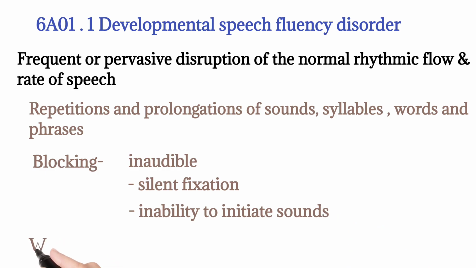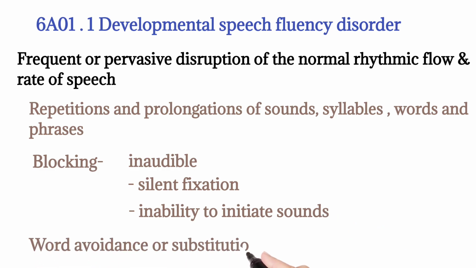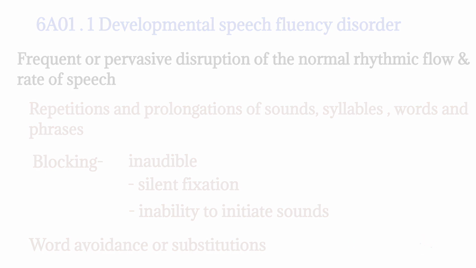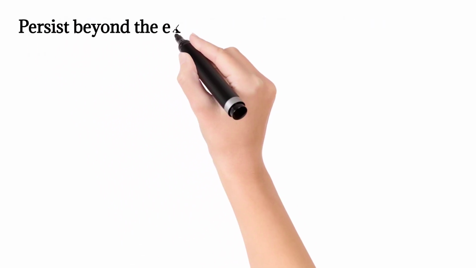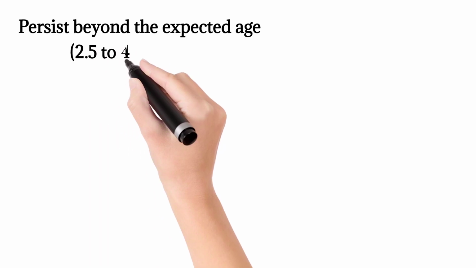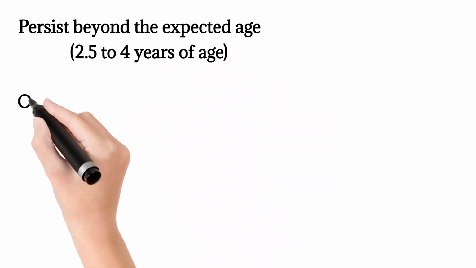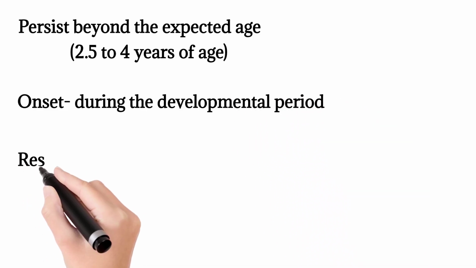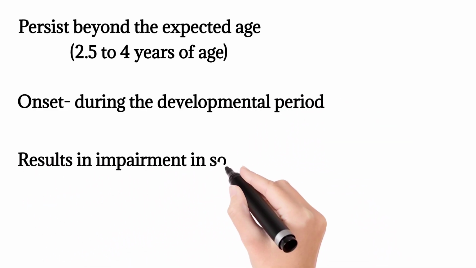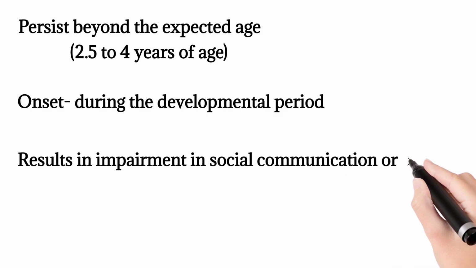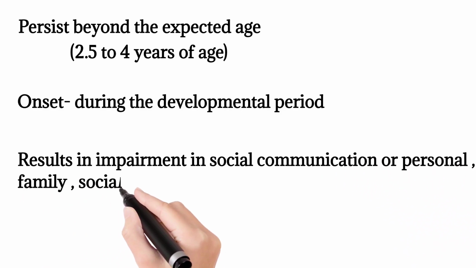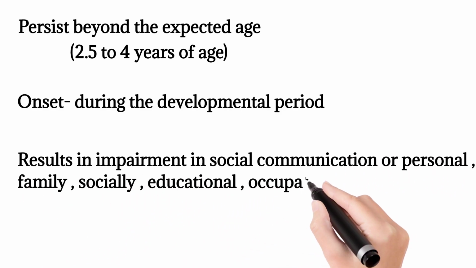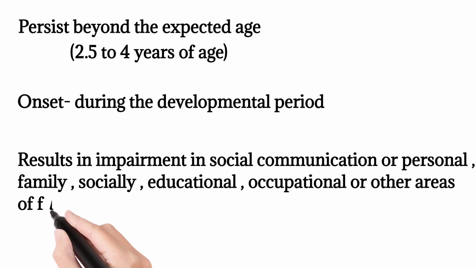Also, it includes word avoidance or substitution. It also persists beyond the expected age, that is 2.5 to 4 years of age, with onset during the developmental period, and it results in significant impairment in social communication or in personal, family, social, educational, occupational, and other important areas of functioning.